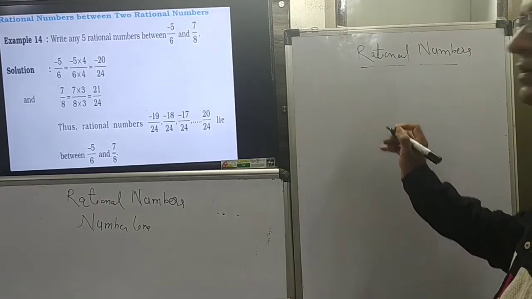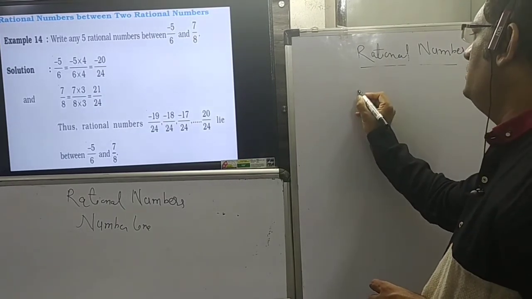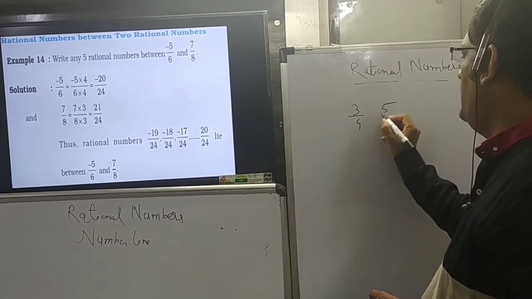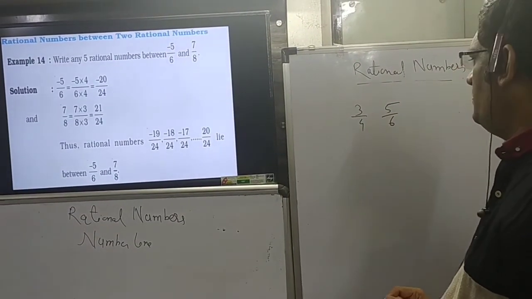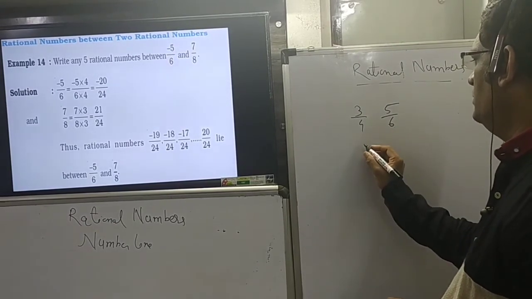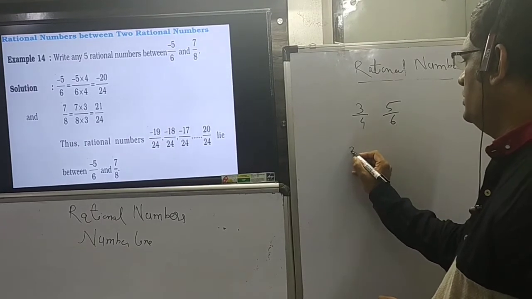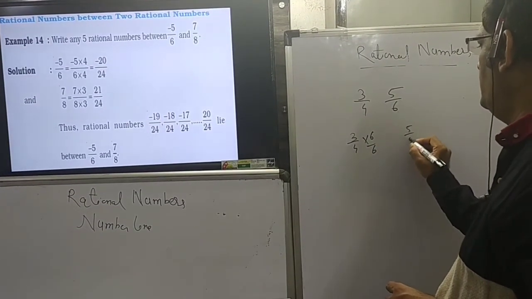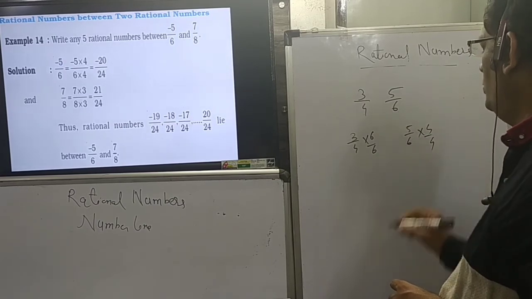Let us find some rational numbers between 3 by 4 and 5 by 6. LCM of these two is 12, or 24. So 3 by 4 into 6 by 6 and 5 by 6 into 4 by 4.